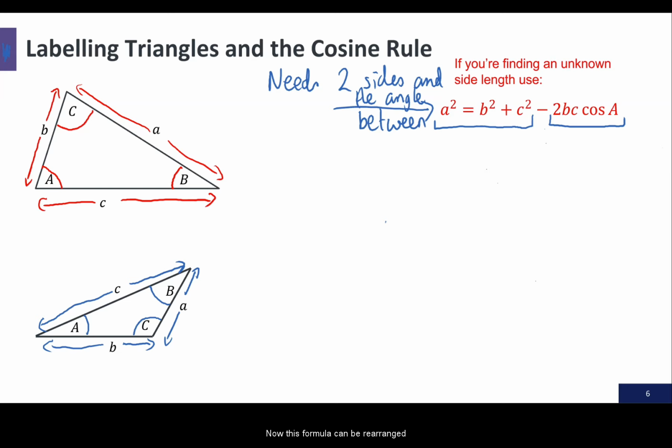Now this formula can be rearranged, and the rearrangement is something like this. We're going to add 2bc cos A to both sides.